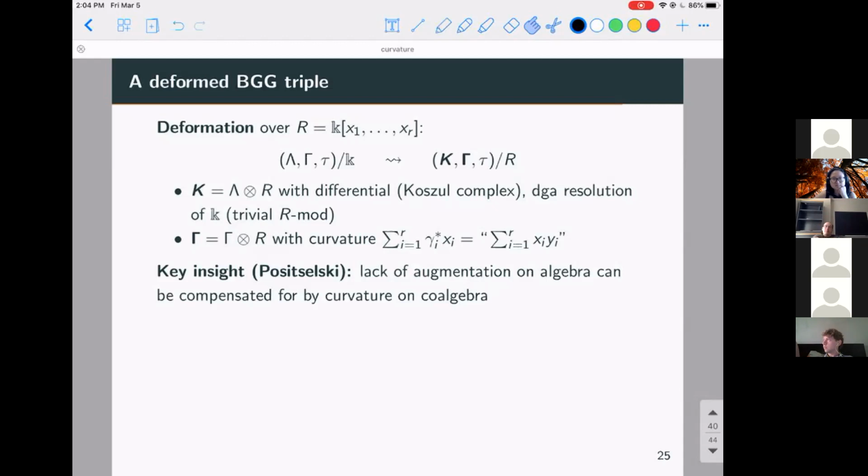But formally, when you do Ext, you hom out of the resolution, and so your natural algebra turns into a coalgebra formally. Yeah, it really is supposed to be the Koszul dual of the Koszul complex.